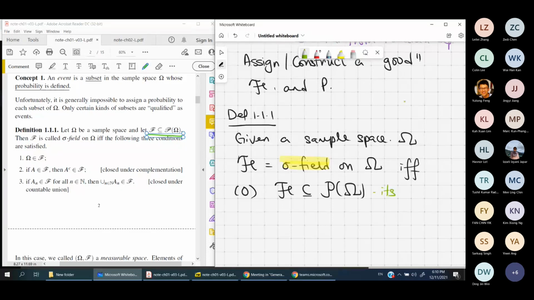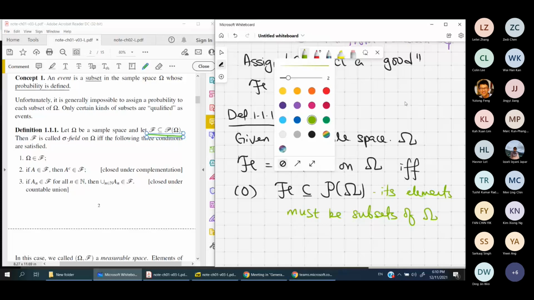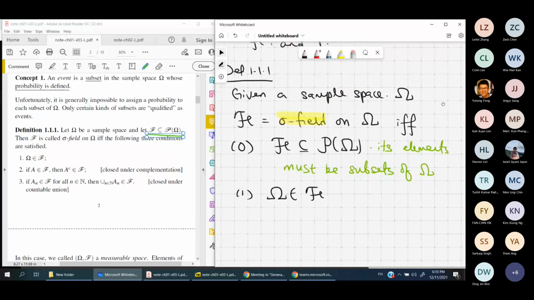This is the first criterion. Then you come to our standard one. Next, omega must be one of the elements inside our F.